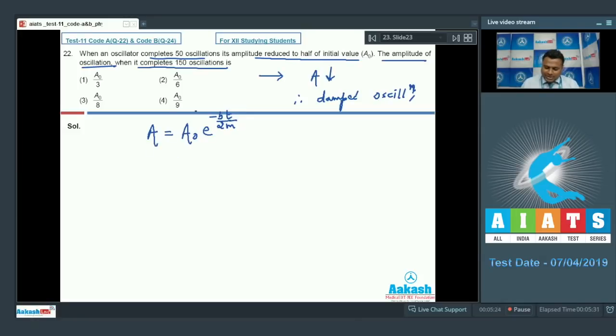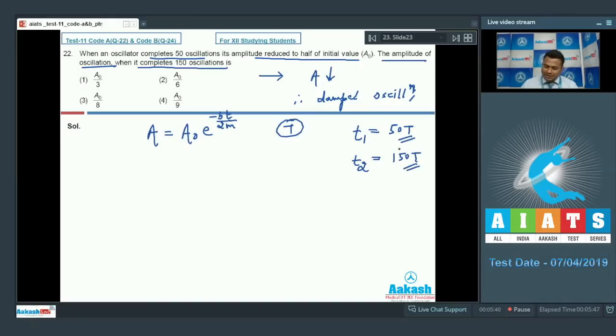Now the time intervals are given. Suppose the time period is capital T, so first time t1 will be 50 capital T, for 50 oscillations, and second time t2 is 150 capital T, for 150 oscillations.